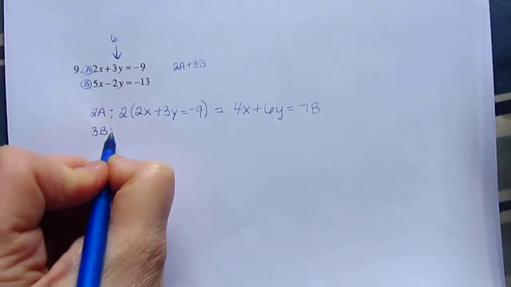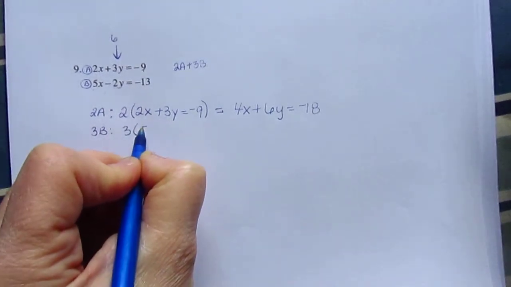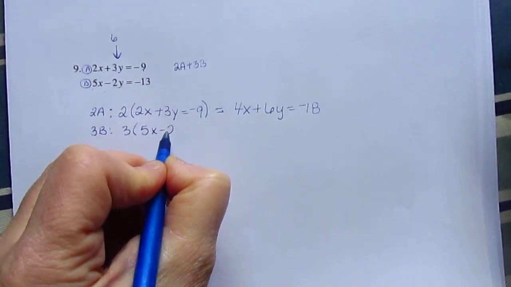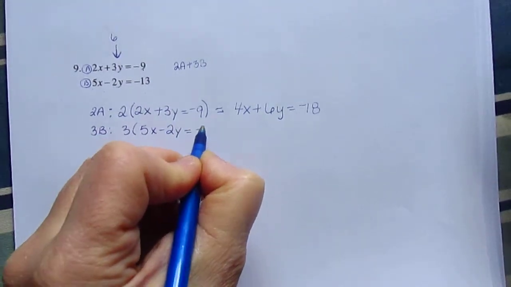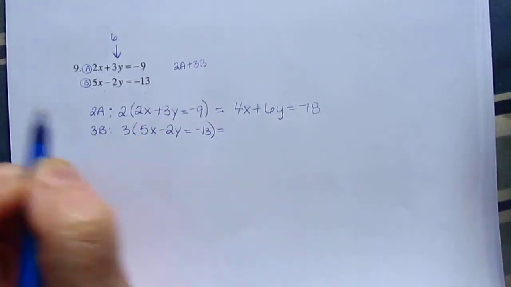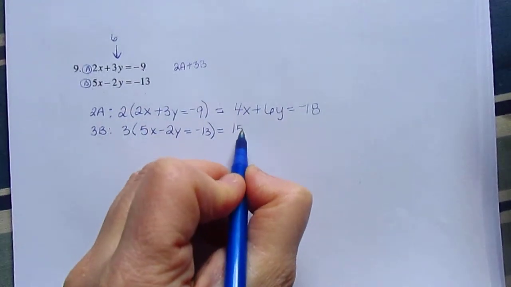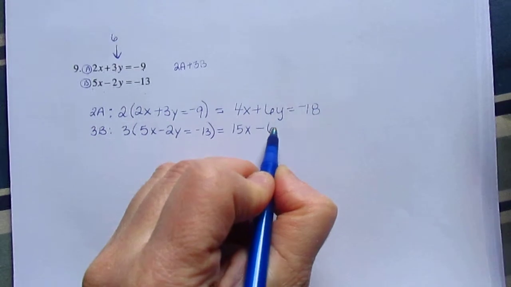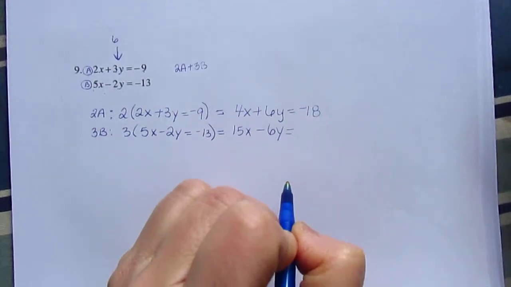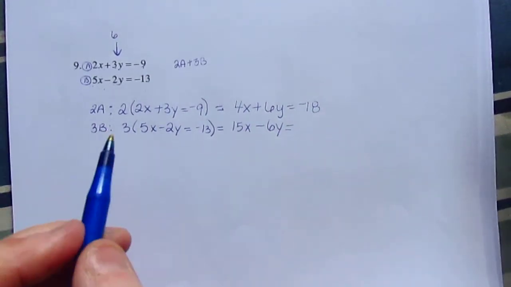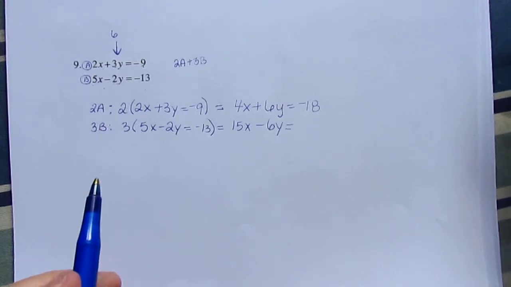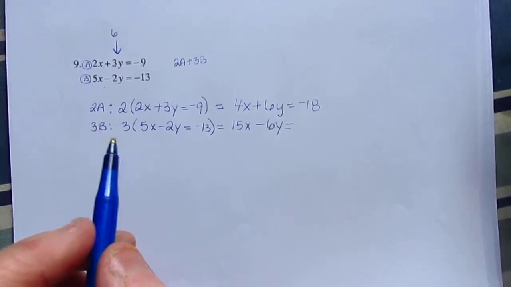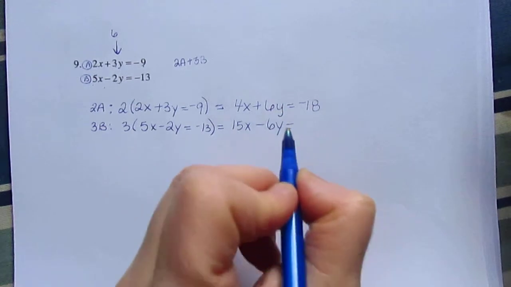Then 3B is 3 times equation B. 5x minus 2y equals negative 13. 15x minus 6y equals, we got 3 times 13 is 39, negative 39.